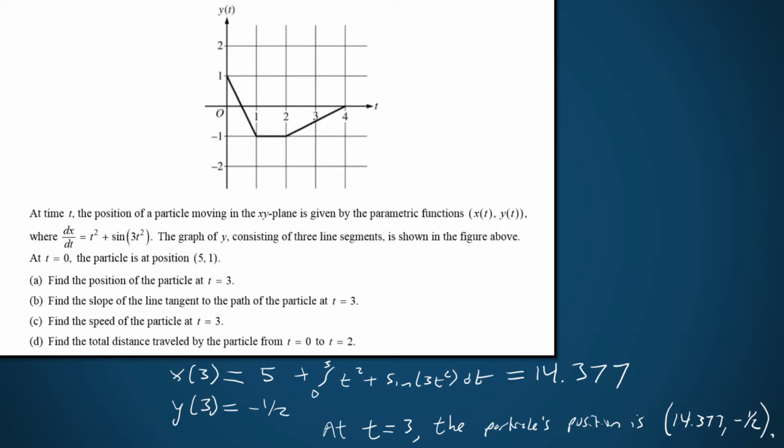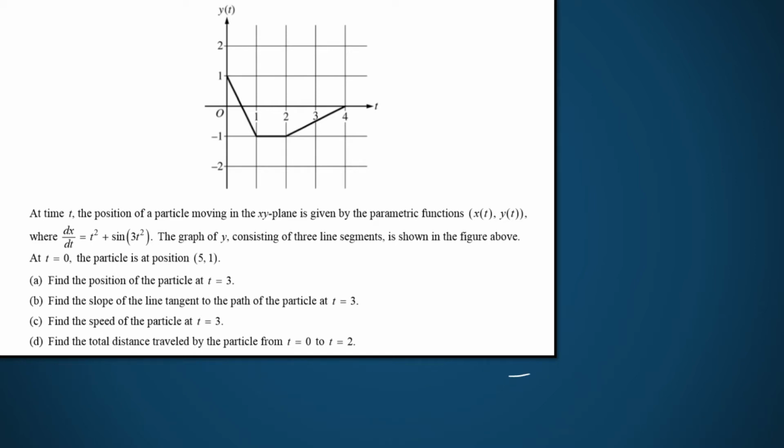What do we do for b? Slope, so that's dy over dx. We need to be a little bit more specific: dy over dt over dx over dt.